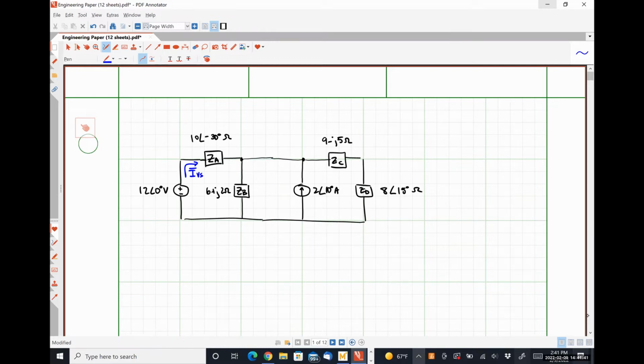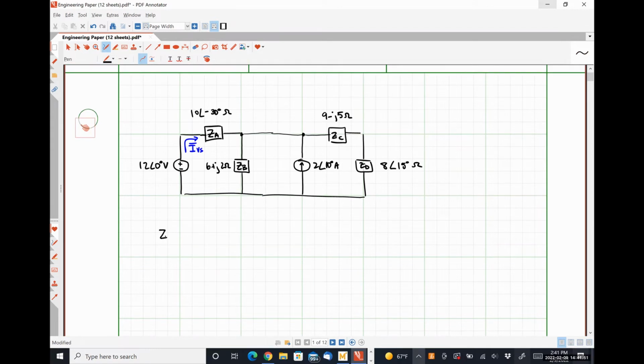So we could replace several of these impedances with an impedance which I'm going to call ZEQ, which would be ZB times (ZC plus ZD) divided by ZB plus ZC plus ZD.